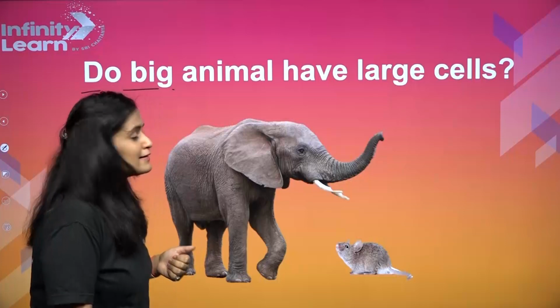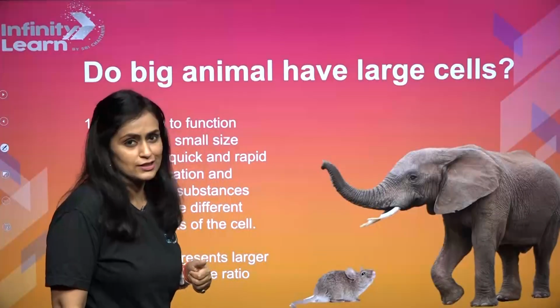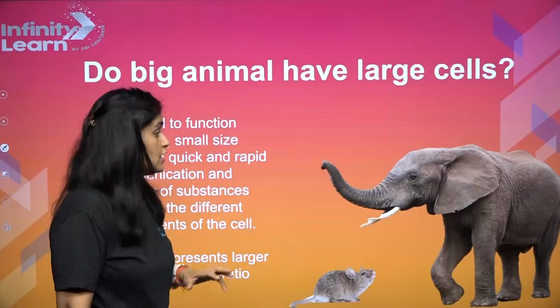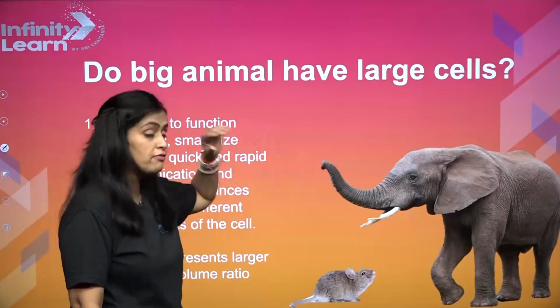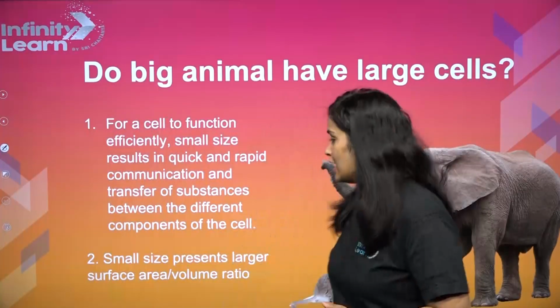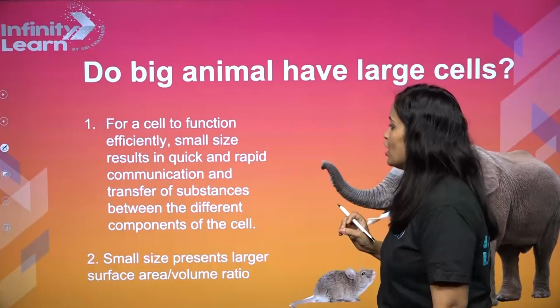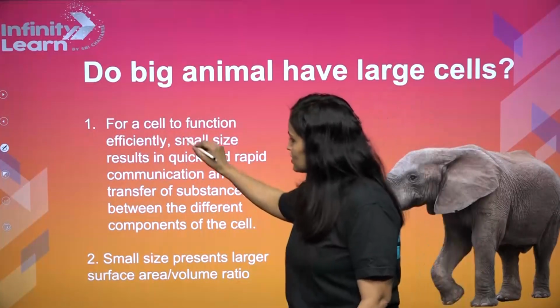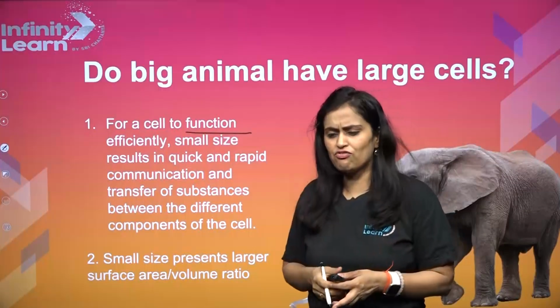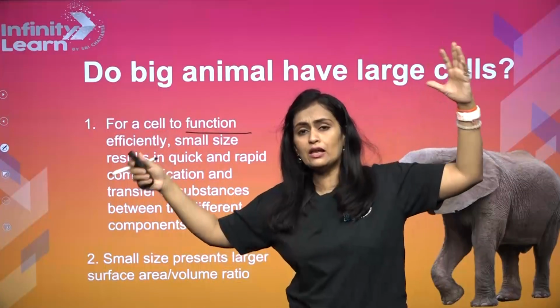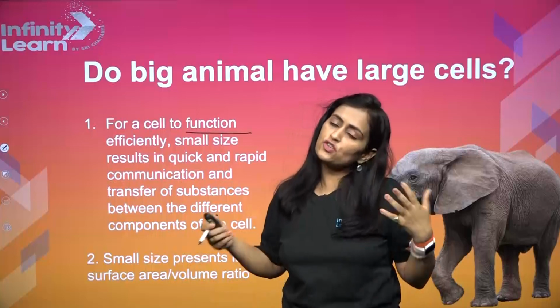Well, that's not the case. Only the number differs. The large animal will have a larger number of cells and small animals will have fewer cells. So, for a cell to function efficiently, why not one big large cell? Why so many cells?